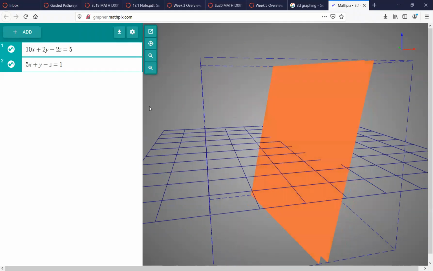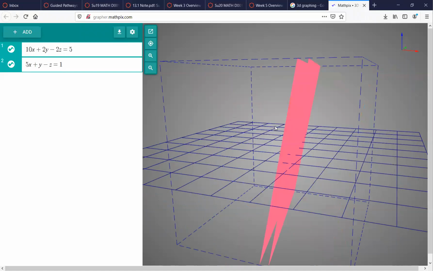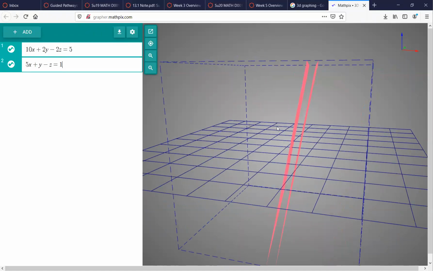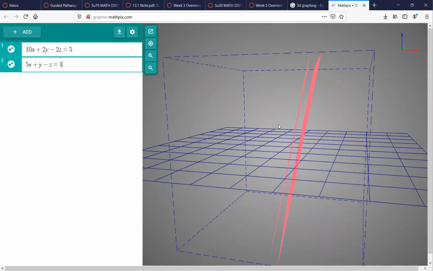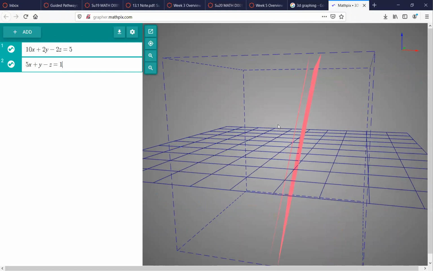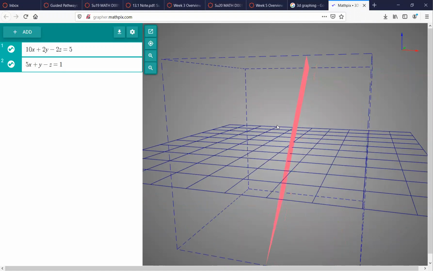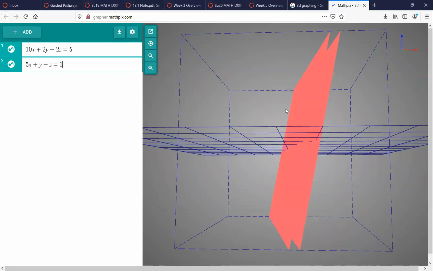Very well. So take a look at these two planes. As you can see, these two planes are parallel to each other. You want to find the distance between these two planes.